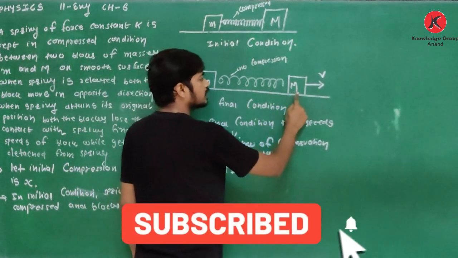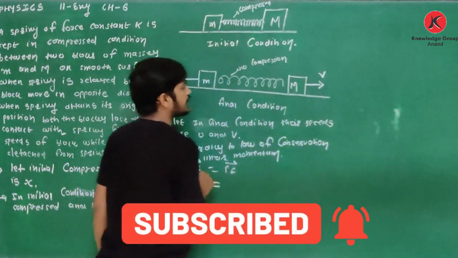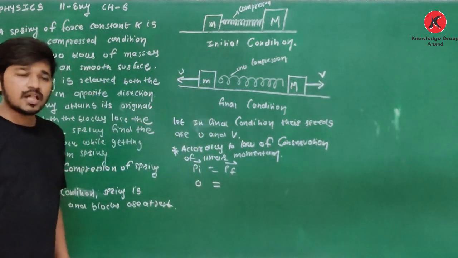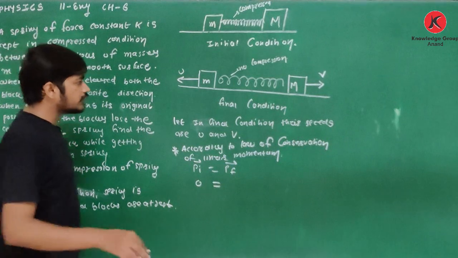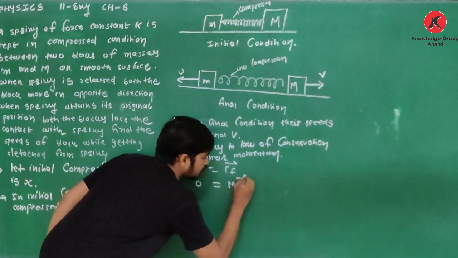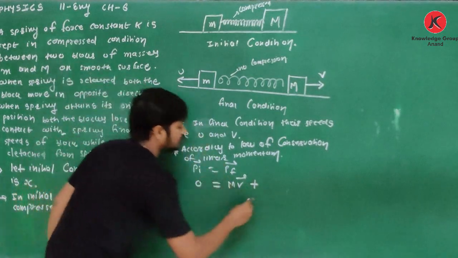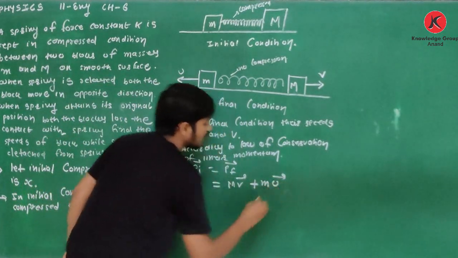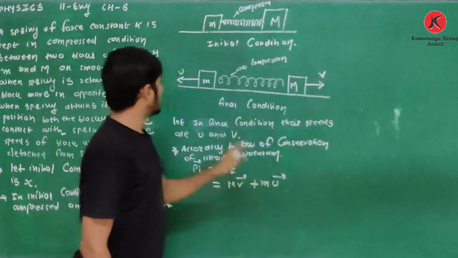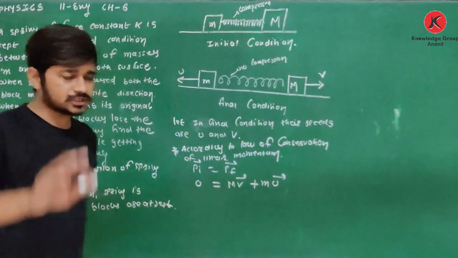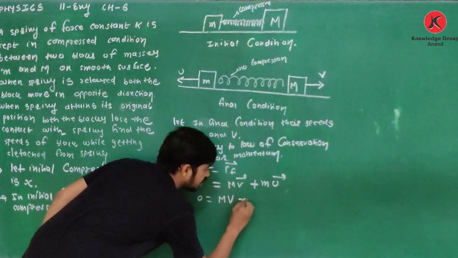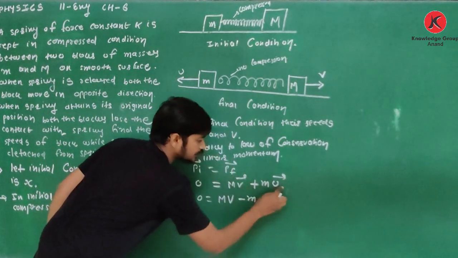This block is moving with speed v in this direction, and this block is moving with speed u in this direction. Yes or no? Then how to write? What is the momentum of this? It is Mv. What is the momentum of this? It is mu. But this v and u are in opposite directions. So how to write this? 0 is equal to Mv minus mu. It is a vector relation.